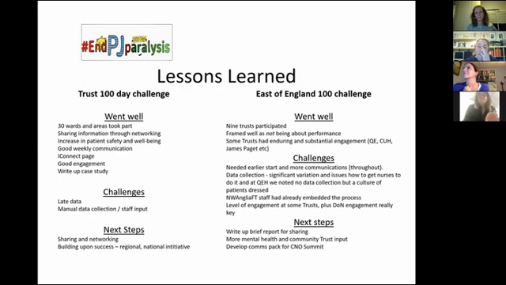I think the challenges were, as I said, the late data collection and also being manual. It was a lot of work to input. Then sharing and networking were our next steps, when we were looking to go into the regional challenge. As Kira spoke about briefly, there were 9 trusts involved in the regional challenge.